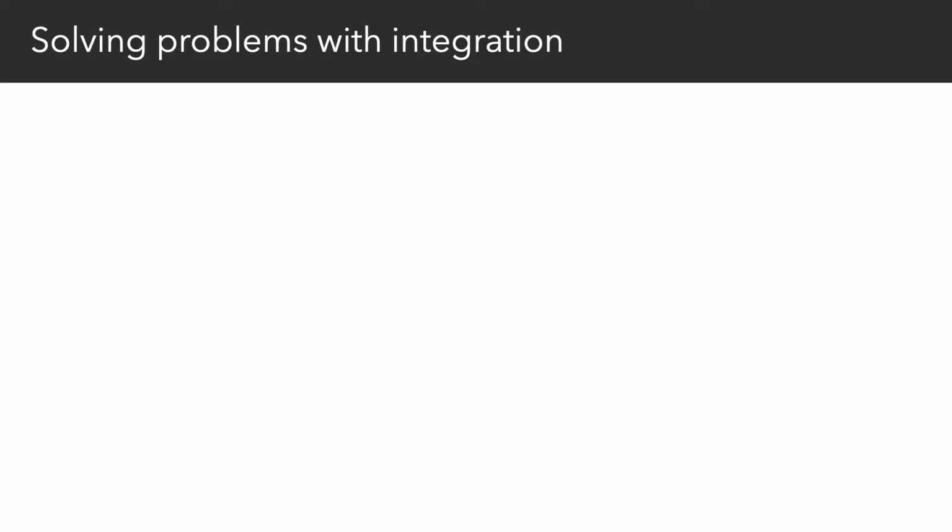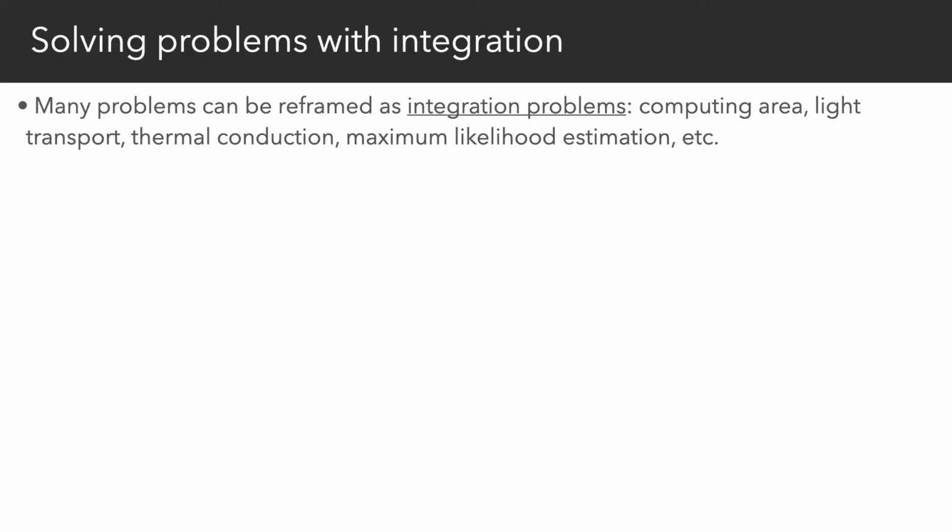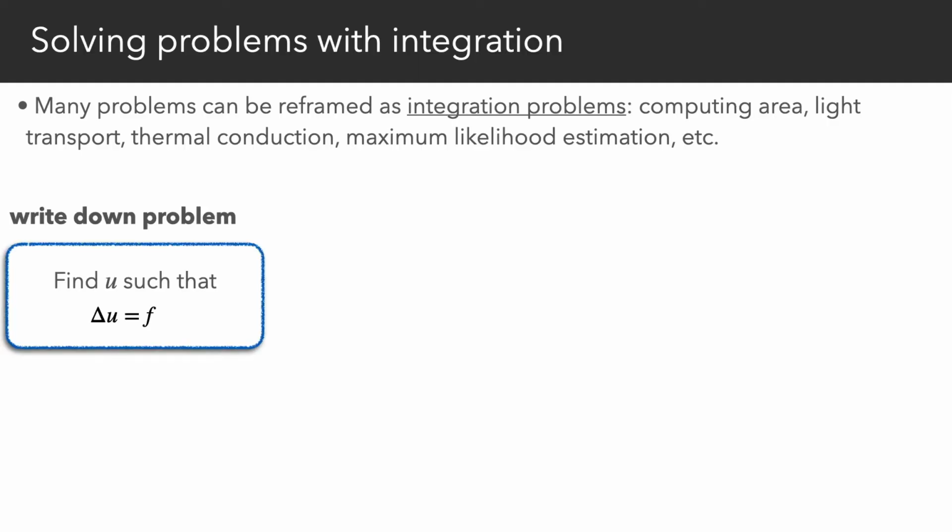But why are we throwing darts at cookies in the first place? Well, a wide range of problems, from light transport to thermal conduction, can be framed as these types of integration problems, which have analogous Monte Carlo dart throwing algorithms. There are usually three parts to solving these problems. First, we have to write down a mathematical description of our problem.